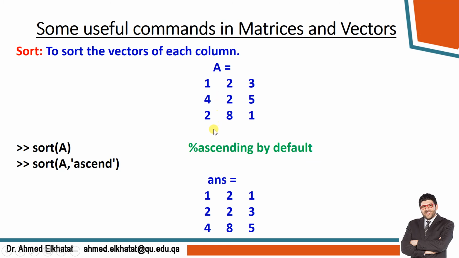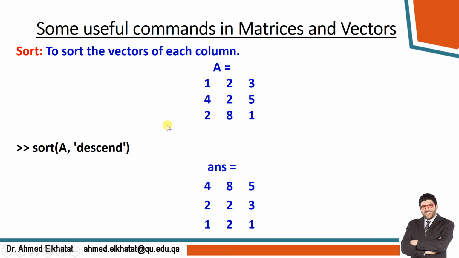Also sort(A, 'ascend') will do the same. If you want descending, instead of ascend you use descend, and it will be the opposite way. Try it here: descend will be 4, 2, 1, 8, 2, 2, 5, 3, 1.